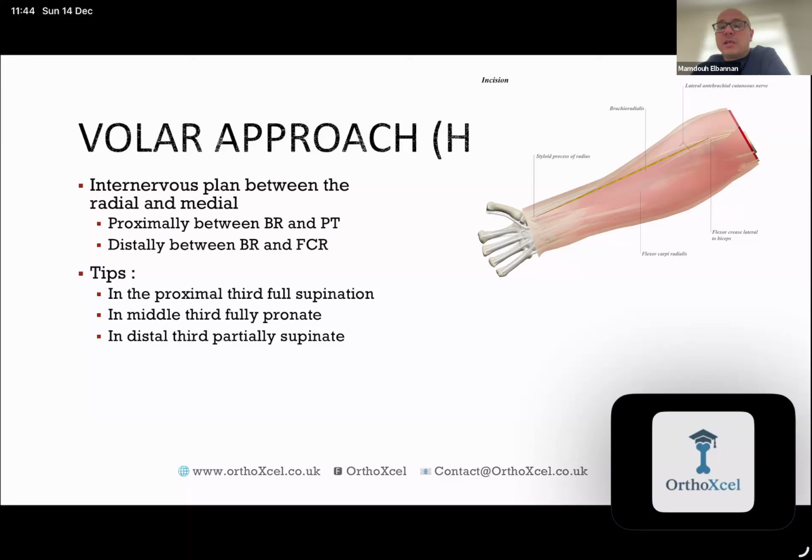But the tips and tricks in every step are these points. Proximal, supination. Middle third, full pronation. And distally, partially supinated. It's mainly to protect the posterior interosseous nerve.